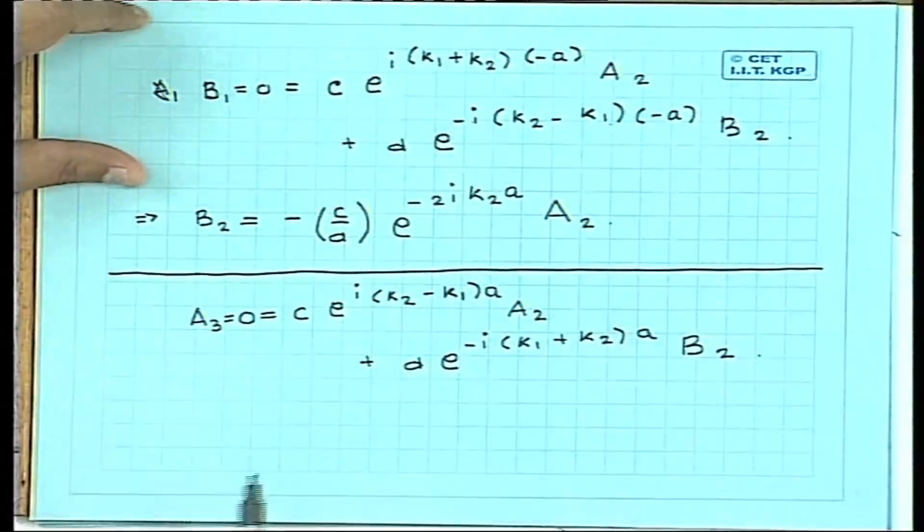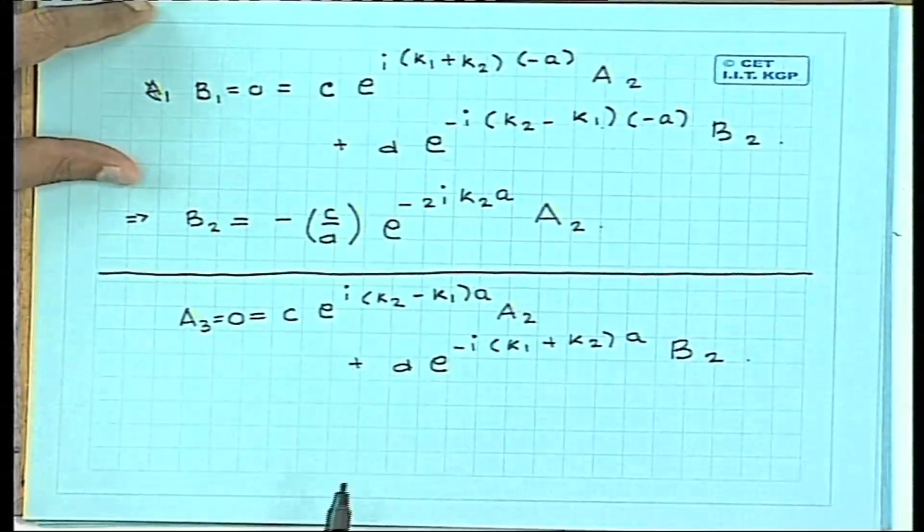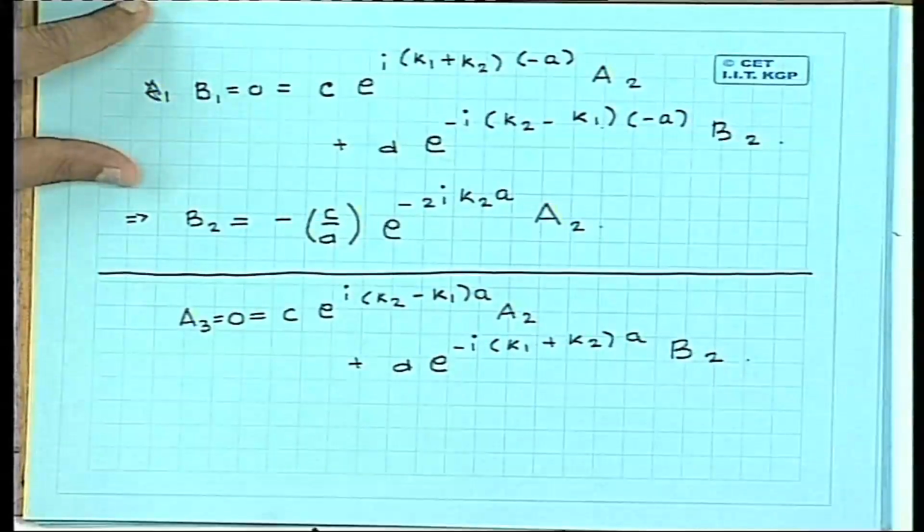So this is the condition that A3 is equal to 0. We are matching the boundary condition at the point A, and this is what it implies.